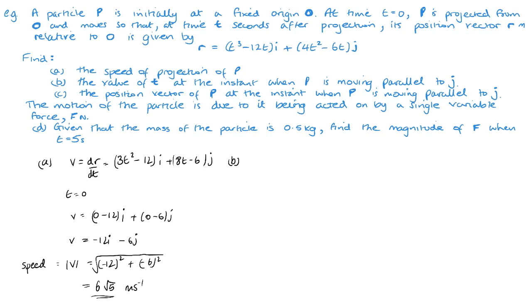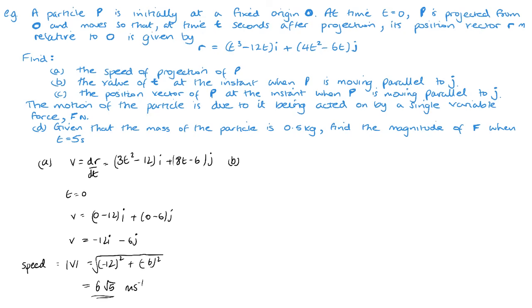The second part: the value of t at the instant when P is moving parallel to j. If it's moving parallel to j, it's only moving vertically at that point, which means there's no i component of its velocity.